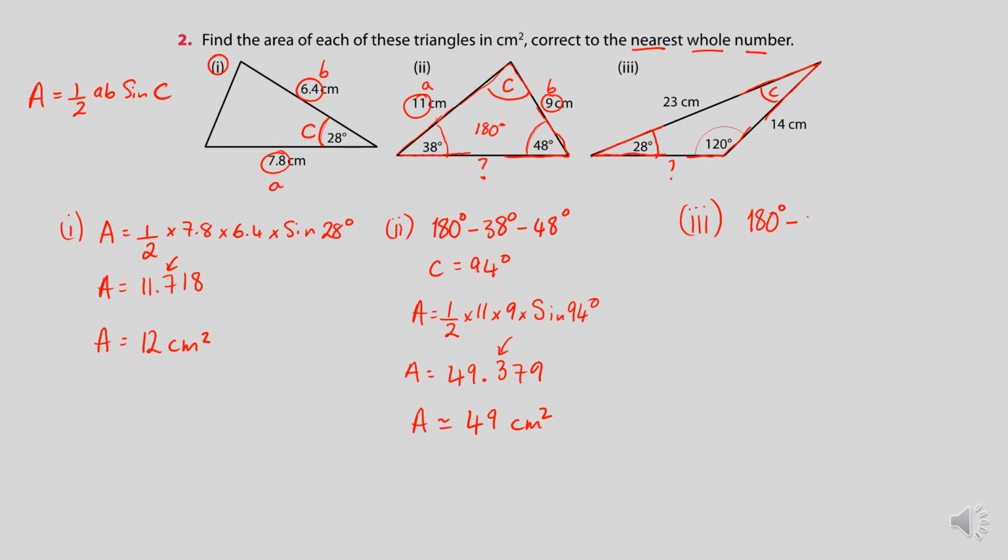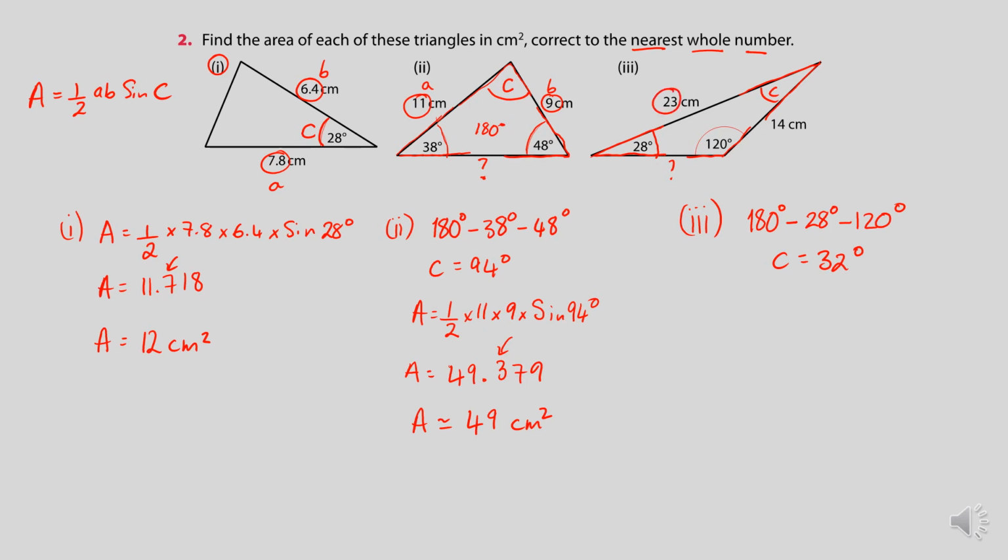So 180 minus 28 minus 120 is 32 degrees. So C is 32 degrees.